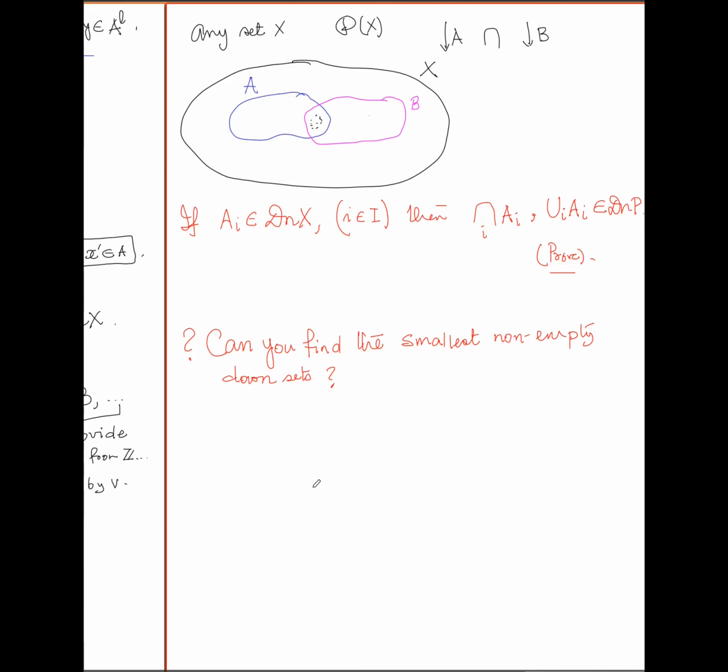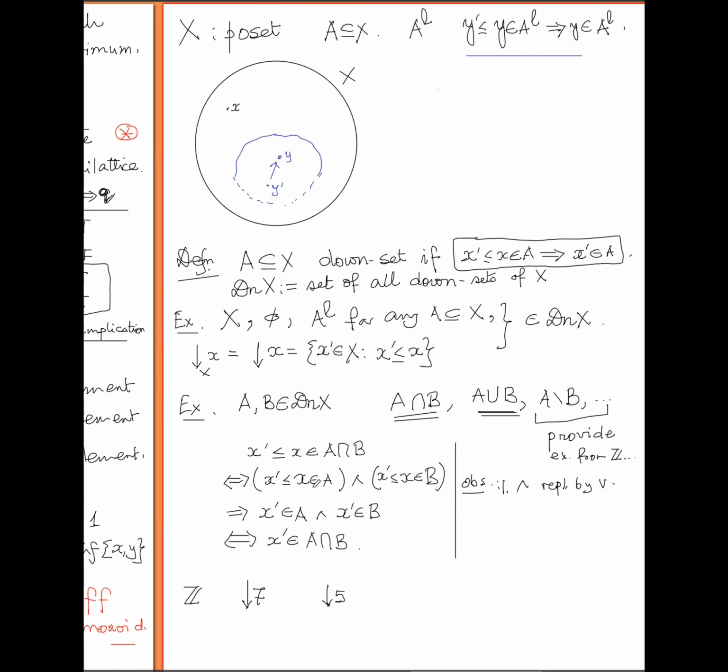Yes. So, can you find the smallest downsets? What do you think should be the smallest downsets? So let's bang on that. You told me that when you came to this one, you will take all the things which are below this.